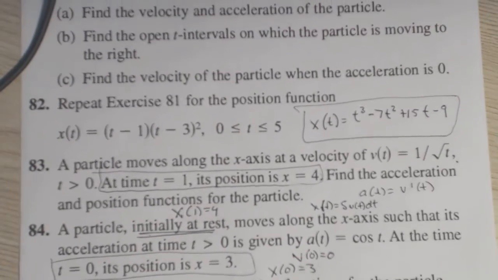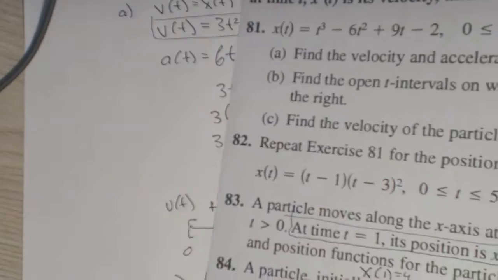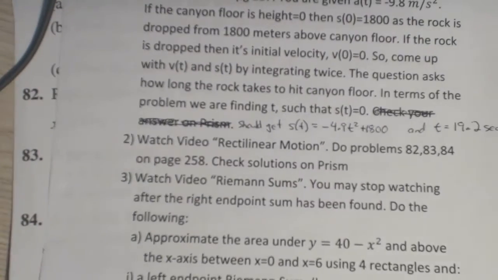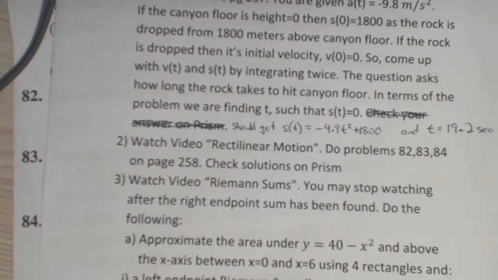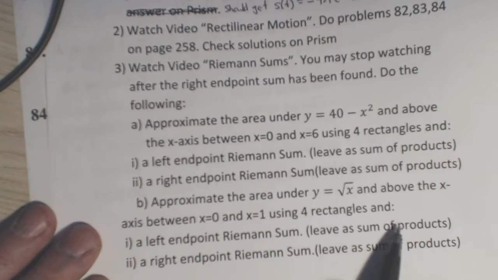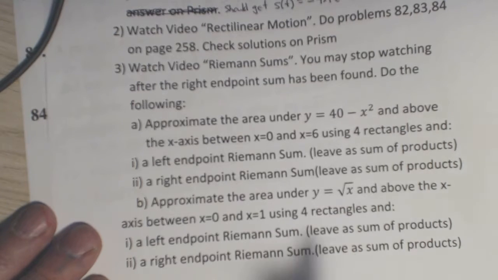I will tell you that in the Riemann sum area, it asks you to leave your answer as a sum of products on all of the Riemann sums you're doing, and you'll understand Riemann sums hopefully after that video.